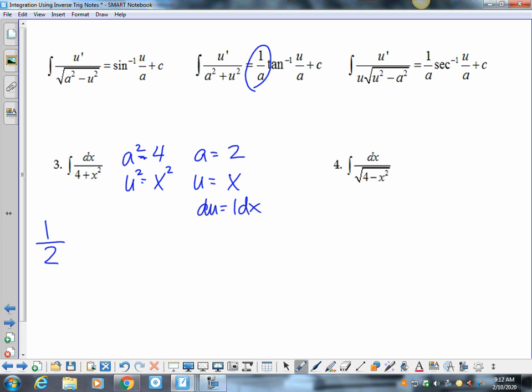So do not answer shop, because if you answer shop, you could have a fraction out front because it was balanced, or a fraction out front because it's the tangent rule. So don't shop. Tangent inverse of u over a, plus c.